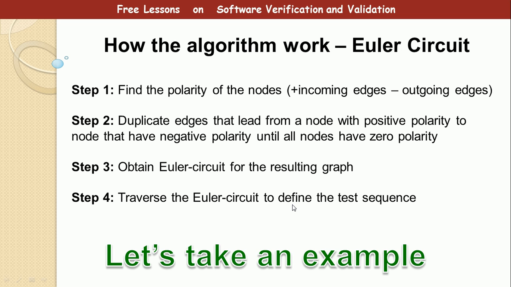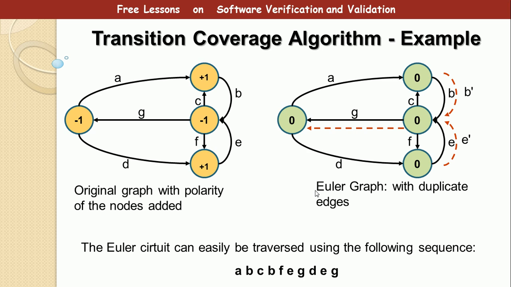Let's take an example of how this works. Alright, we have this initial example we used in the first example. This is the original graph, but now I have added polarity to it. How do I get this -1? We have incoming is +1 minus outgoing -1 -1, because we have 2 outgoing, so you have -1 -1 +1.